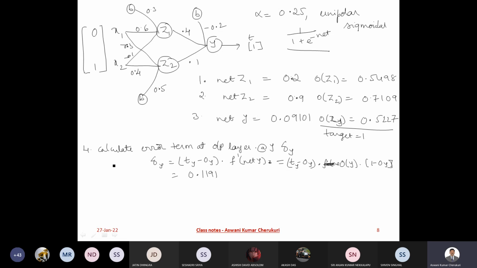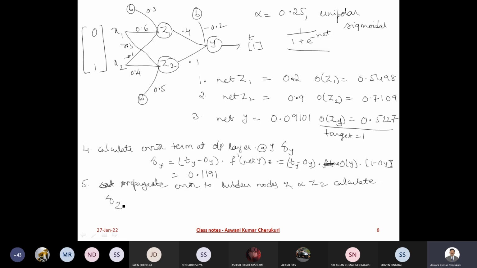Now we have got the error at the output layer. Now let us propagate the error to the hidden nodes Z1 and Z2, and calculate del z1 and del z2.